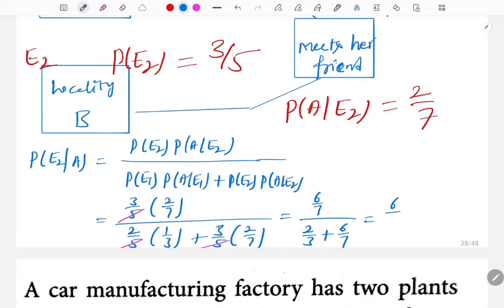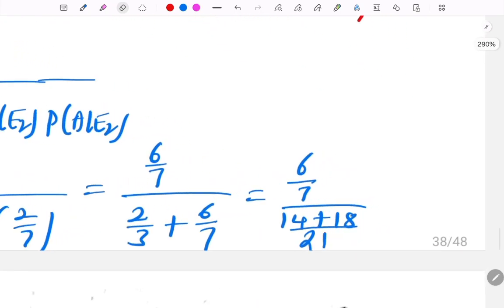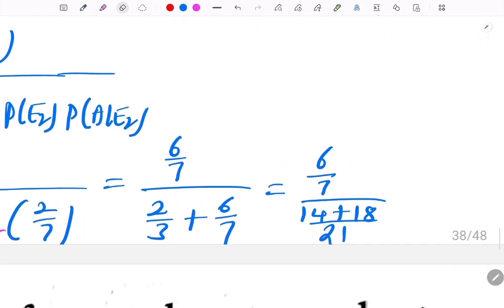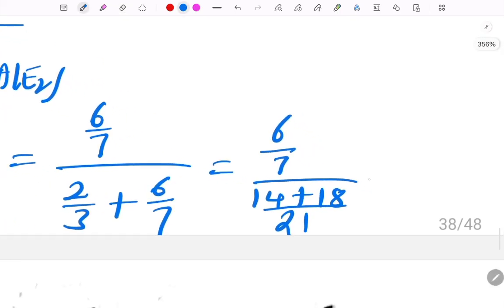It's 6 by 7 dividing by, if you take the LCM, 7 times 3 is 21. And this one, how many times will it become? 7 times 2 is 14, 14 plus here 7 times 3 is 18... sorry, 6 times 3 is 18. So finally we are getting 6 by 7 dividing by 14 plus 18, which is 32 by 21, right? Sorry, I'm writing this calculation very long here.